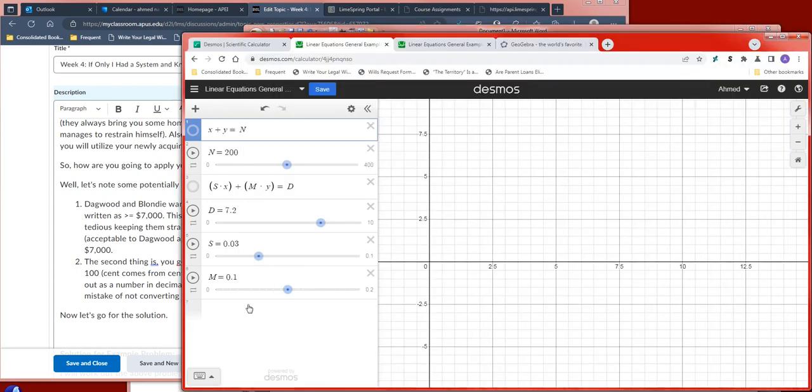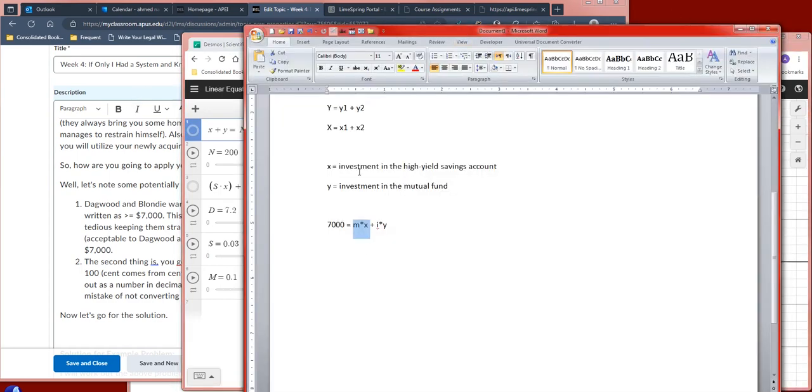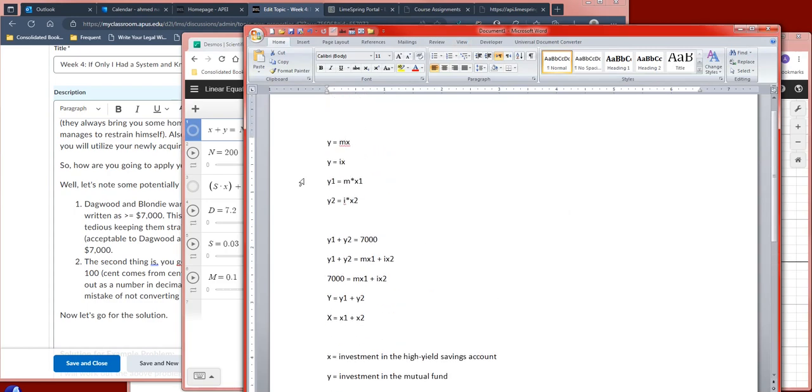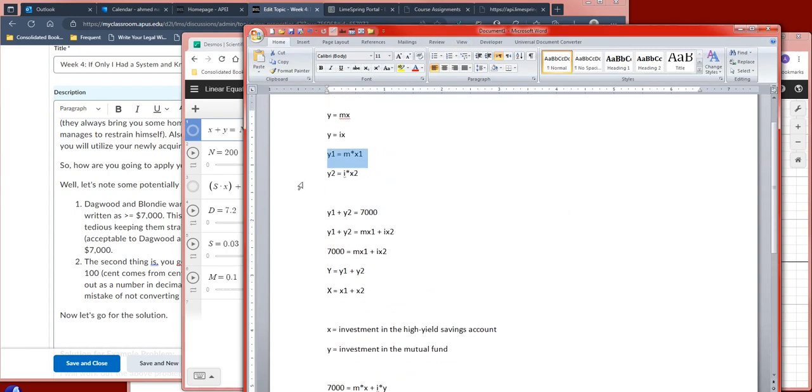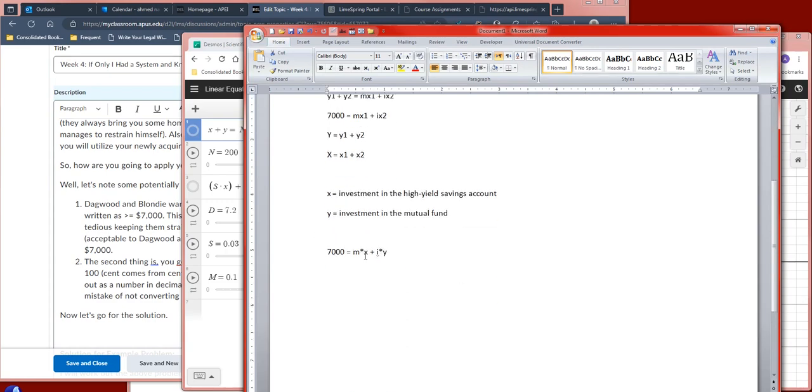Remember, if I go back here, what did I do? I think I deleted those equations. But let's go here. This is the investment in the high yield account, and this is the mutual fund. We're doing exactly the same thing here. X is still the investment in the high yield savings account, and MX is the return on that account, right?